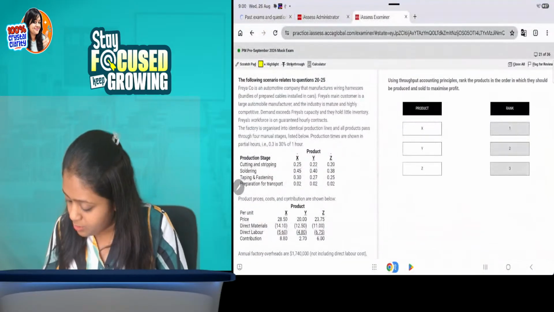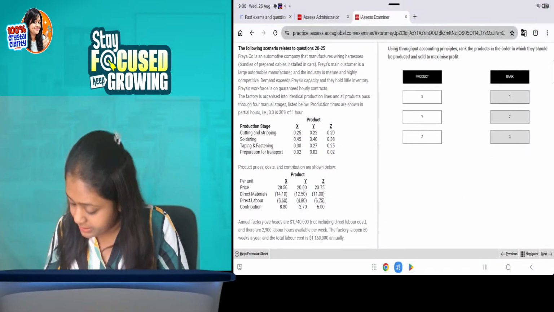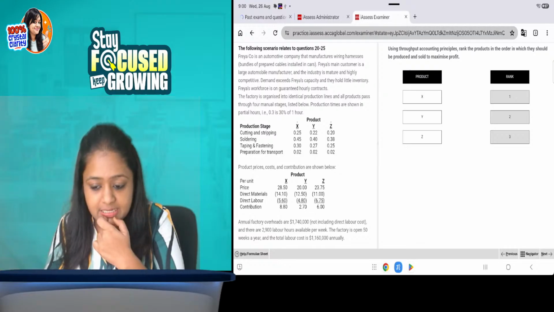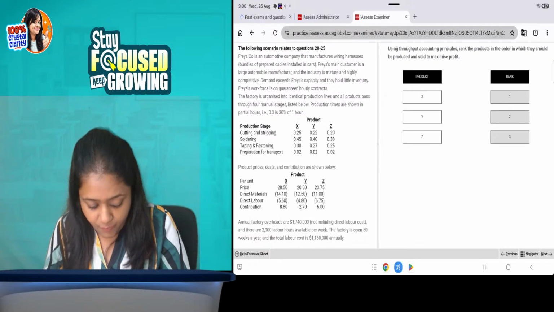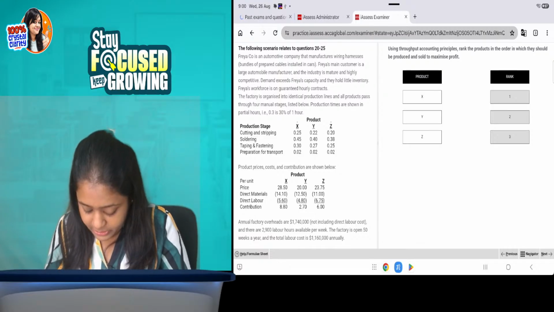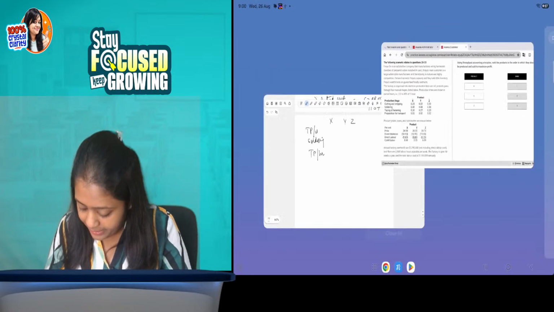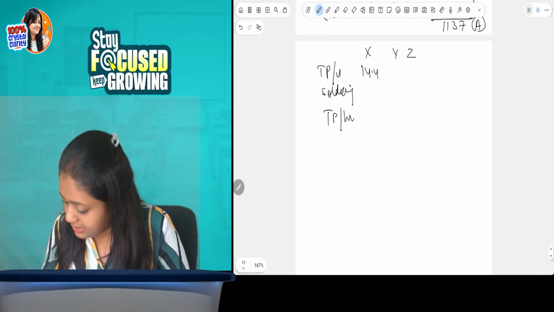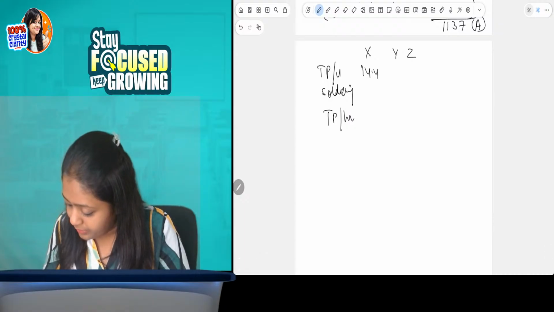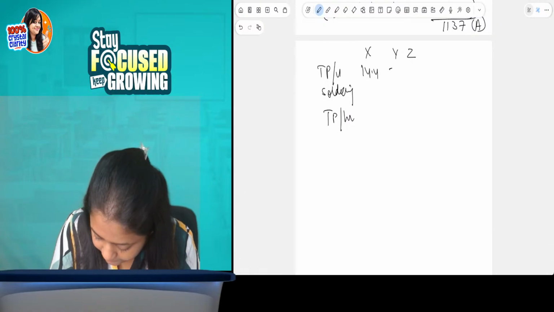Throughput per unit will be 28.5 less 14.1, which is 14.4. Next one will be 20 less 12.5, which is 7.5.